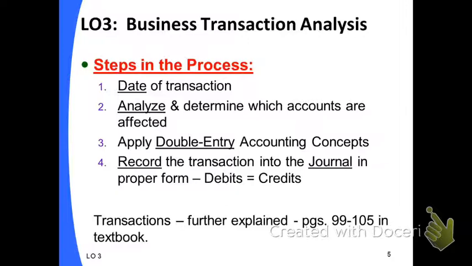And then we would apply the double entry accounting principle to our transaction and record it in a journal with proper debits and credits. We're going to go through now a series of transactions, and these transactions are further explained in your textbook on pages 99 through 105. So if you have any additional questions beyond what I go through in this screencast, then please feel free to refer to your textbook for more details.